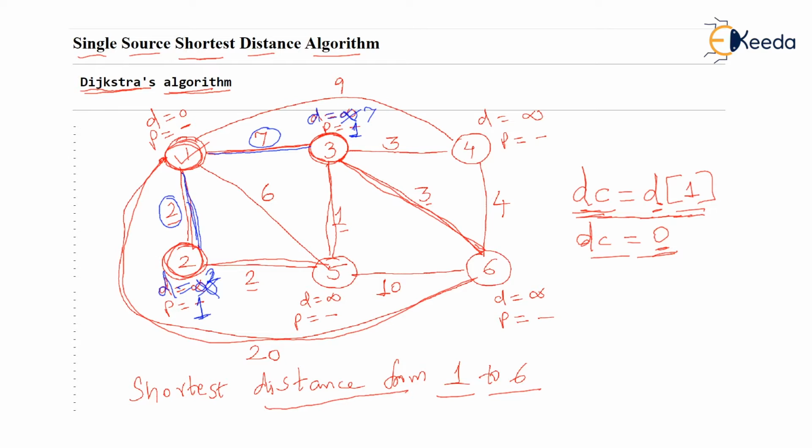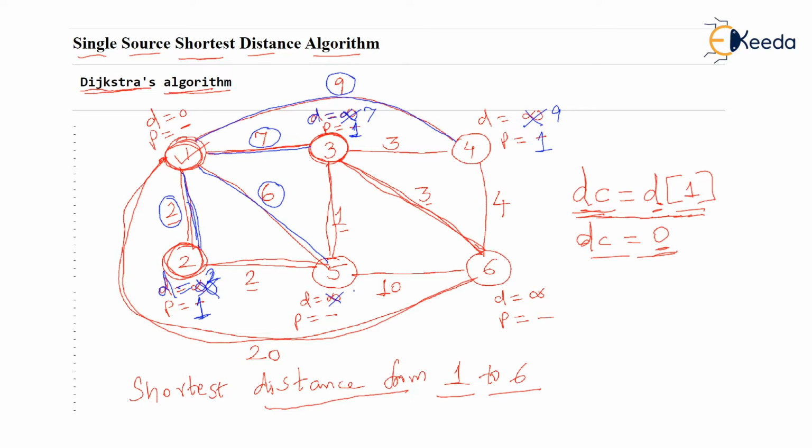Let's take the next neighbor. We have 1 to 4, isn't it? 1 to 4 neighbor, and the distance is 9. Now we compare this distance with the distance of the fourth vertex, which is infinity. So the distance gets updated to 9 and the path gets updated to 1. You know the reason. Now there is one more neighbor here, 1 to 5, isn't it? Neighbor of 1, and the distance is 6. This is much lesser than the distance of the fifth vertex. So we got a shorter distance.